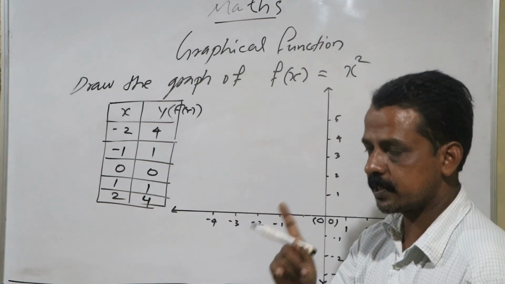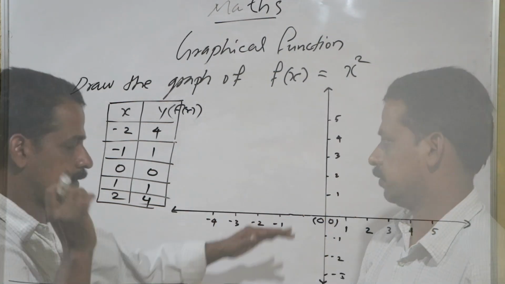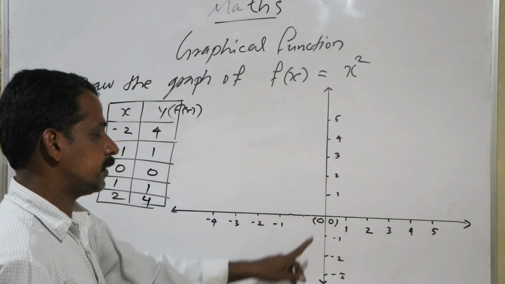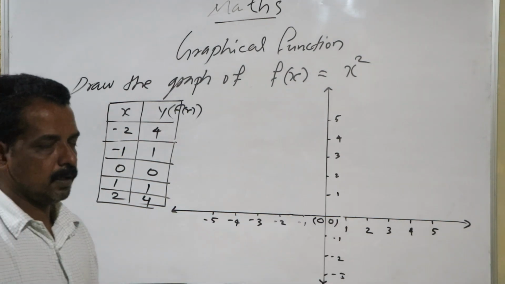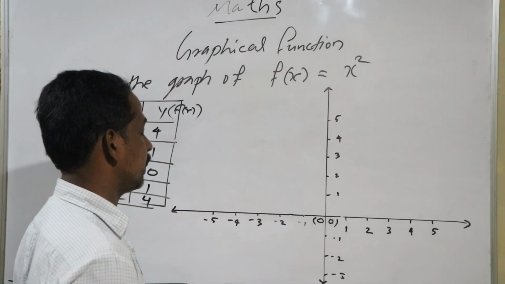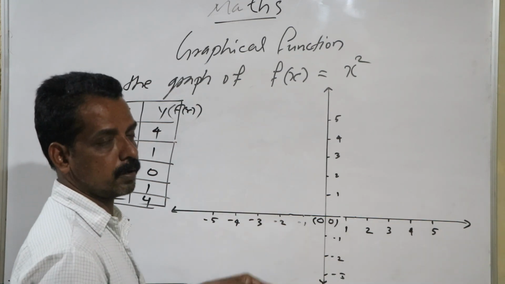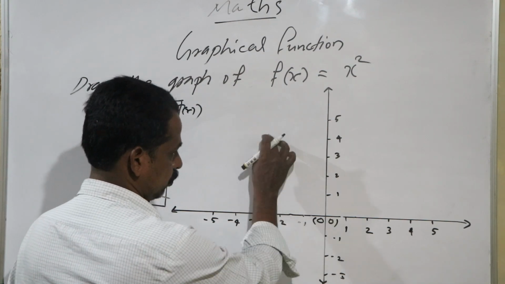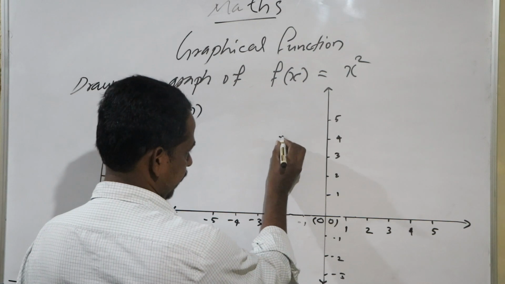The question demands: draw the graph of f of x is equal to x square. Then we draw the x axis and y axis at 90 degrees. Then we must find out the point where -2 and 4 meet.